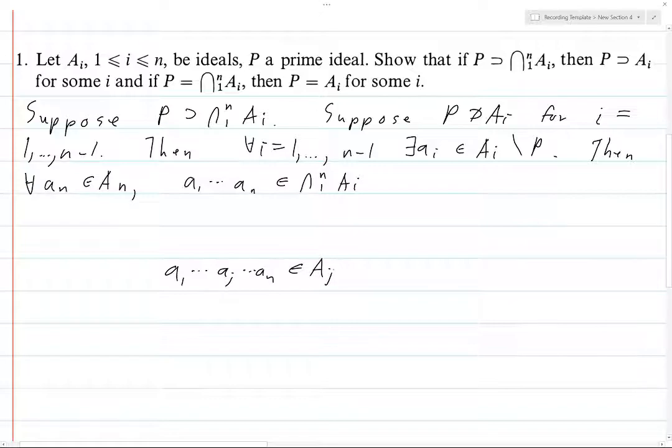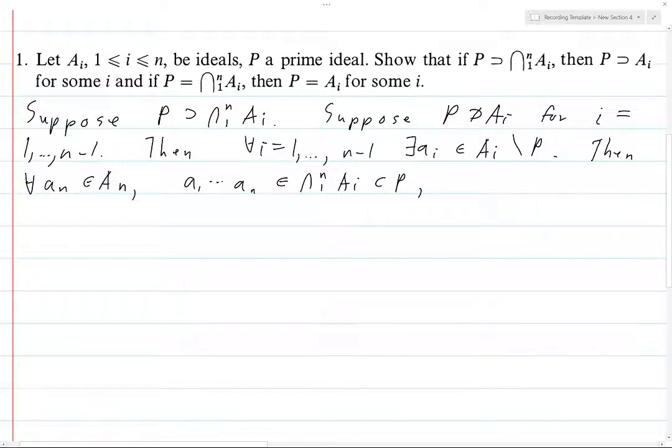But this holds for every j between 1 and n. And so that means that this product is going to be contained in every single AJ, which means that it's going to be contained in their intersection. And so, of course, this is contained in P.